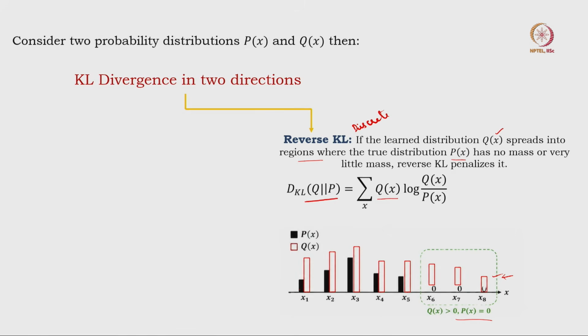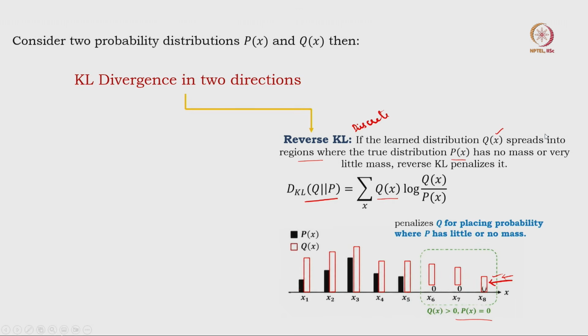I hope this is clear. You are getting this. What is the reverse KL? The reverse KL here is the learned distribution Q of x has spread into a region where P is not at all having a value, or not having any mass there, or having very little mass. Then measuring this is called reverse KL.